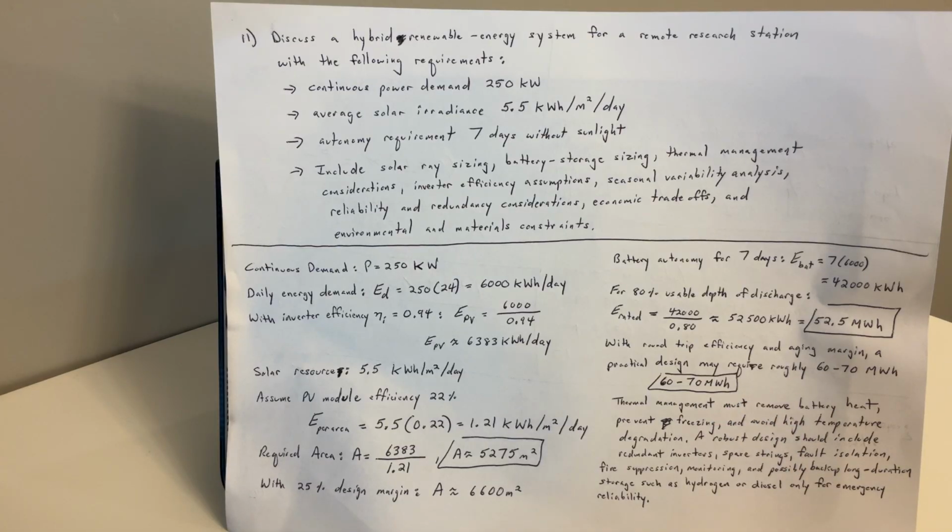Thermal management must remove battery heat, prevent freezing, and avoid high temperature degradation. A robust design should include redundant inverters, spare strings, fault isolation, fire suppression, monitoring, and possibly backup long duration storage such as hydrogen or diesel only for emergency reliability.